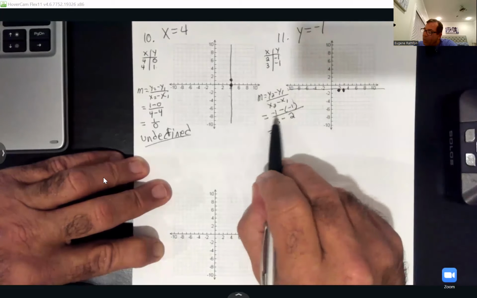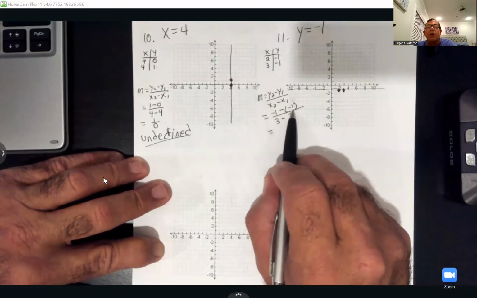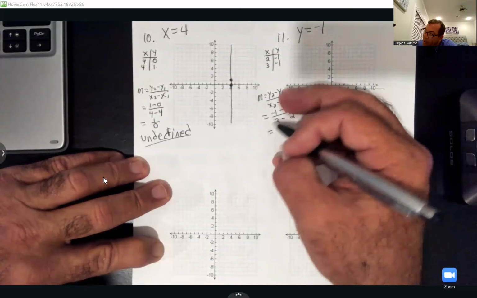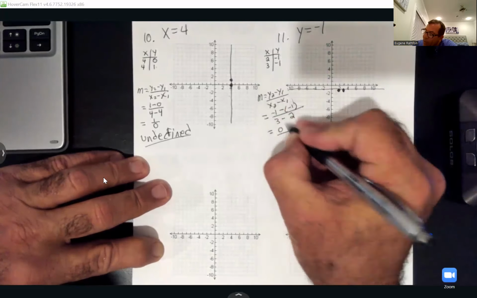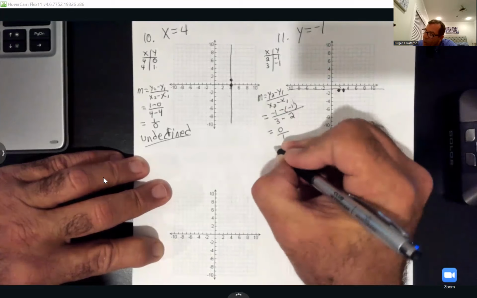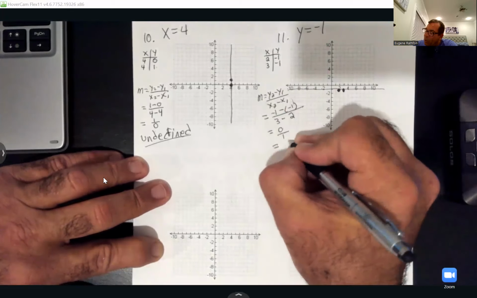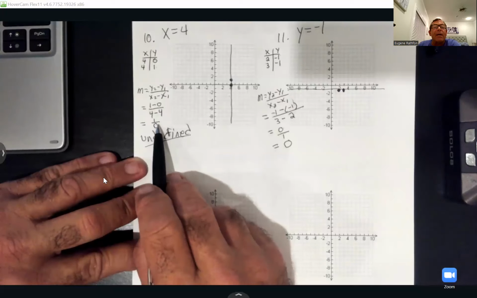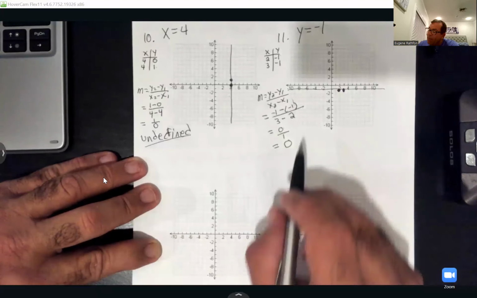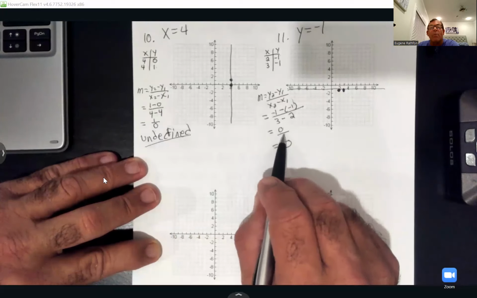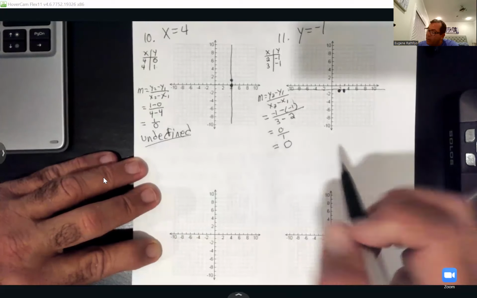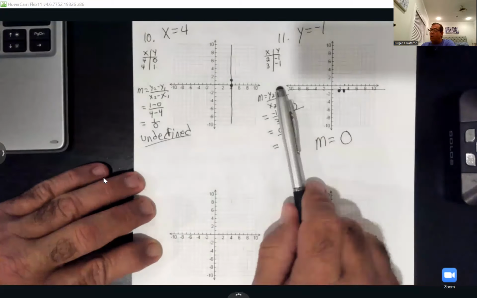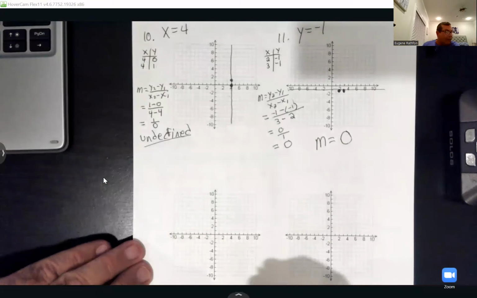Well, notice -1 minus a -1, that's like -1 plus 1, which is 0. 3 minus 2 on the bottom gives me a 1. Remember, 0 divided by 1 is 0. So you can't divide 1 by 0. That's undefined. But you can divide 0 by 1, which equals 0. So for this one, M is 0 for the horizontal lines.